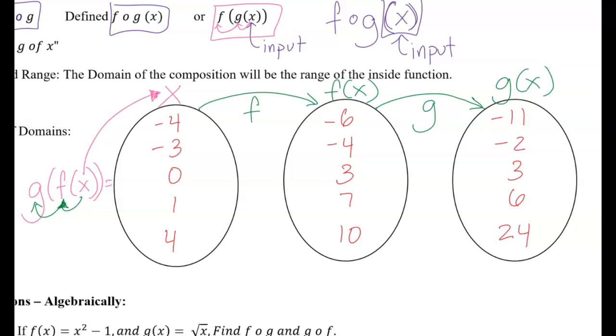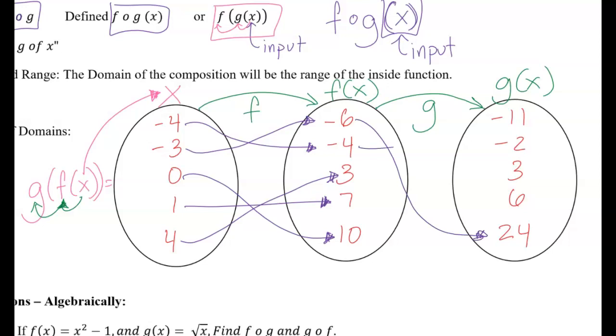So mapping notation will give you these numbers like this, and little arrows for which input gives you which output. So I'm just going to draw some random arrows. You will never be asked to draw random arrows. We'll give you the arrows.